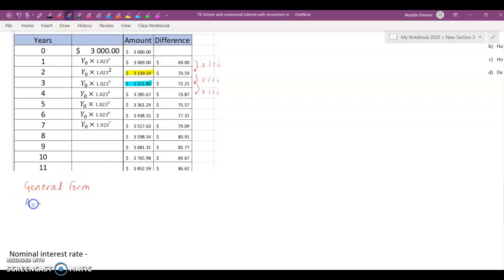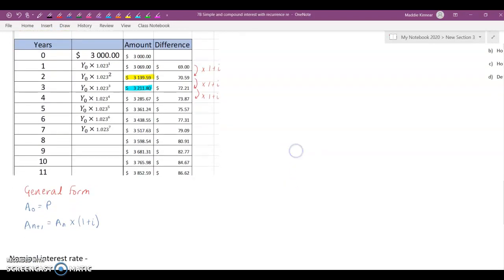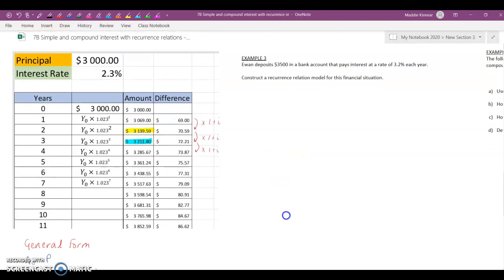That has not changed. We still start from the principal value. But our recurrence relation, A(n+1), is going to be equal to the previous term multiplied by 1 plus i. And that's going to basically increase the previous term by, in this case, 2.3% every time. So you're just increasing it every time from term to term.